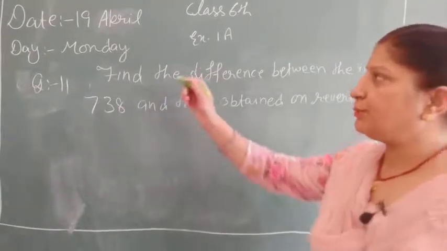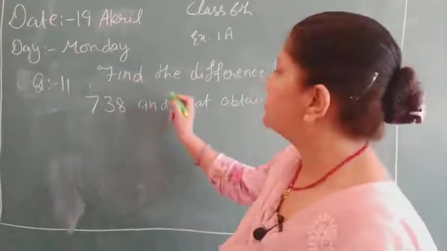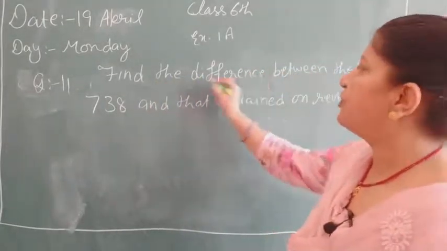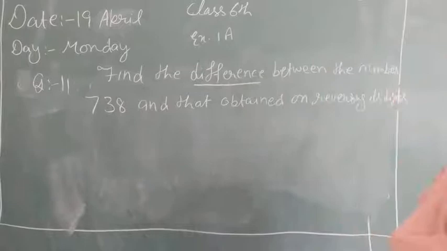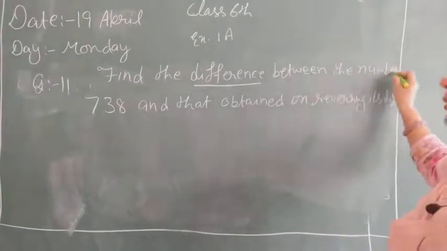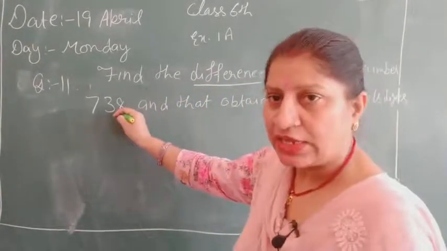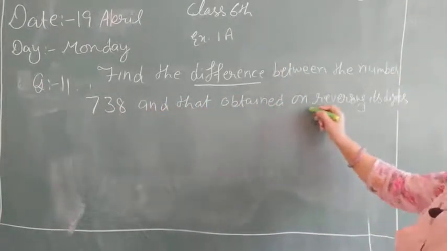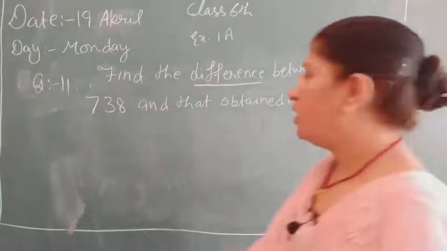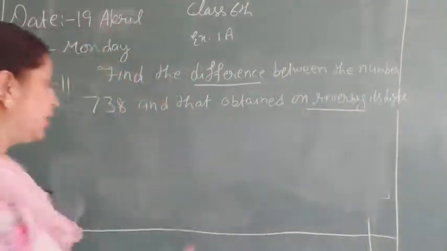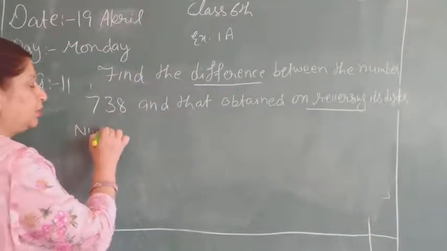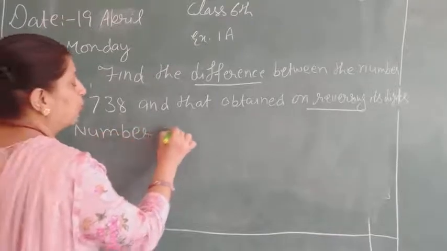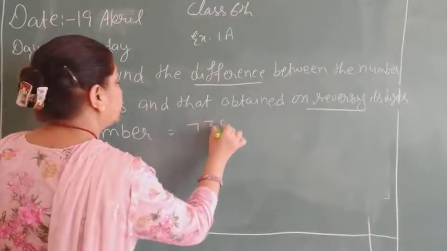Now in question number 11, the statement is to find the difference between the number 738 and that obtained on reversing the digits. First of all, we write the number. Here we write number equal to 738.